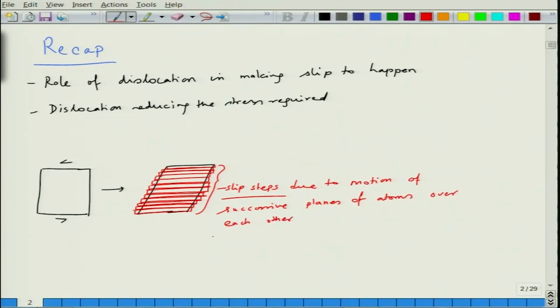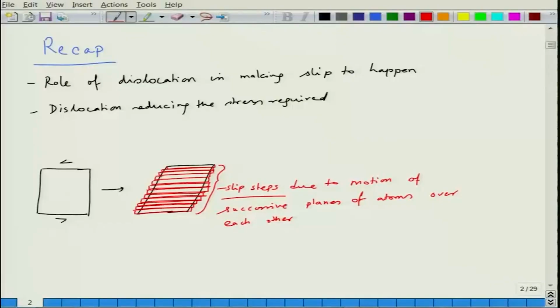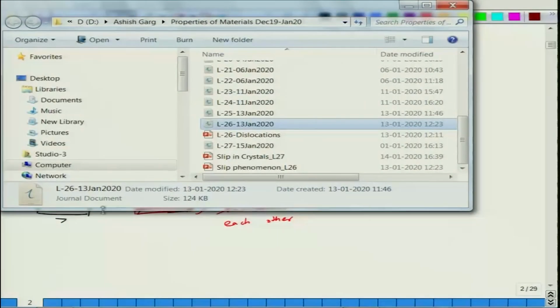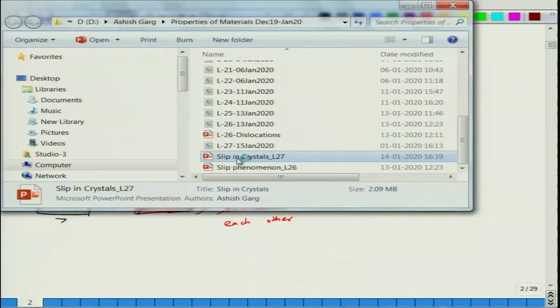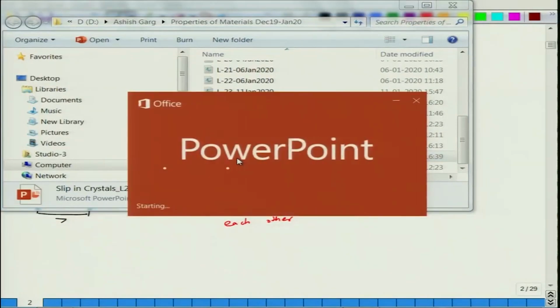When the dislocation moves from one part to another, it causes the formation of a step on one side, and when you look at it microscopically, you tend to form many steps. In order to visualize this, let me show you a PowerPoint presentation which can help you understand what this slip looks like microscopically in real crystals.